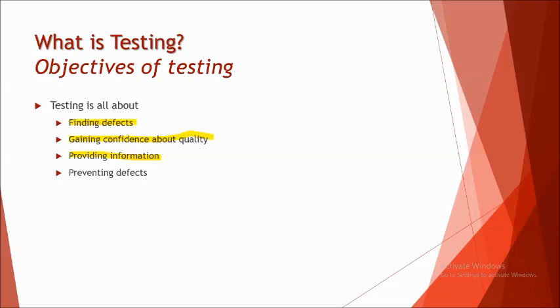Other than that, we also say to a certain extent that preventing defects is another objective of testing. When you talk about preventing defects, a tester is a good contributor to the entire process. So we say the tester must be involved in the life cycle model as early as possible.